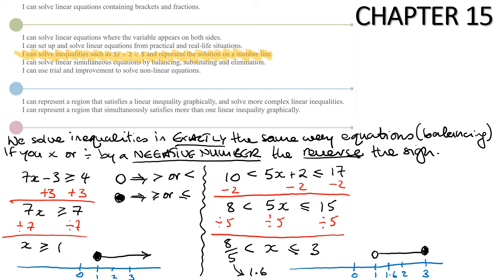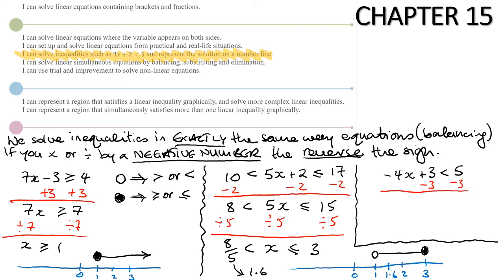Okay, I'm just going to do an example now of an inequality where you would need to reverse the sign. So let's say I had something like negative 4x plus 3 is less than 5. So start by taking away 3 from both sides, like this. So I would have negative 4x is less than 2. Now I've got to divide both sides by negative 4.